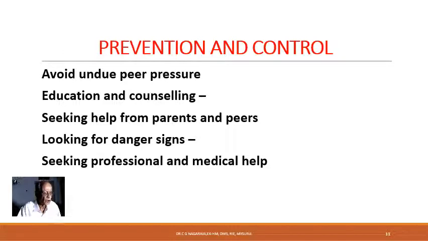If you are overdoing anything, look for those signals and seek help from professionals and medical help. Don't hesitate to tell them that you are an addict and you want help, if you are someone like that. If you are not like that, don't think of getting into that habit. That's all my advice in this biology class.